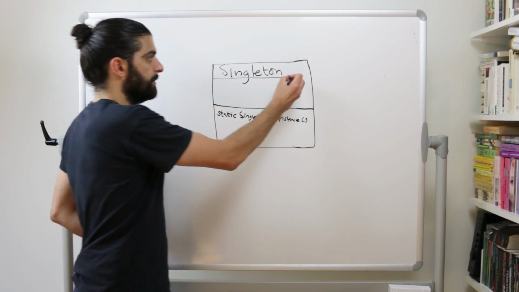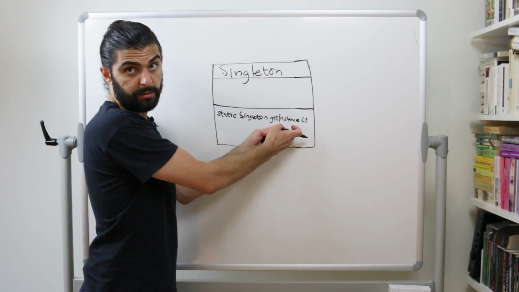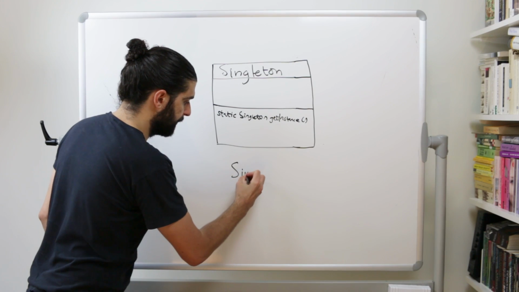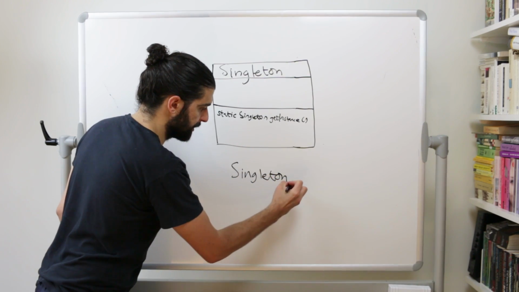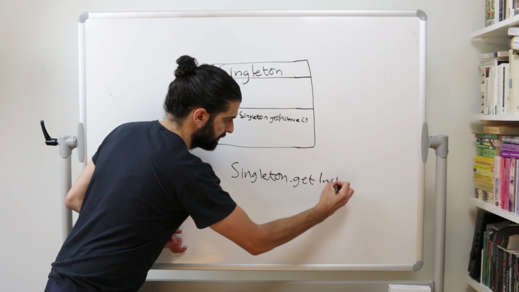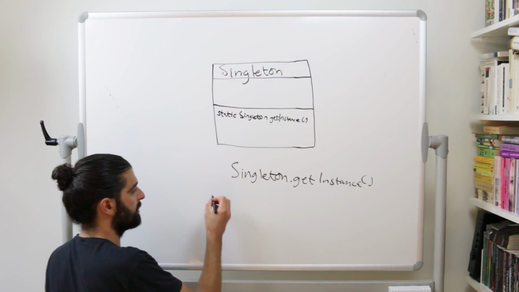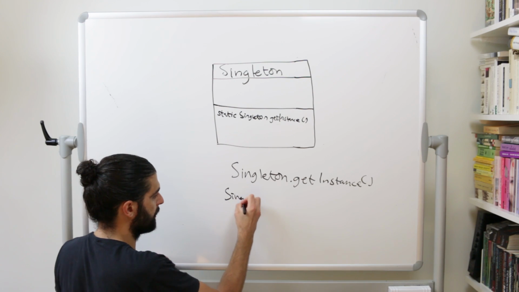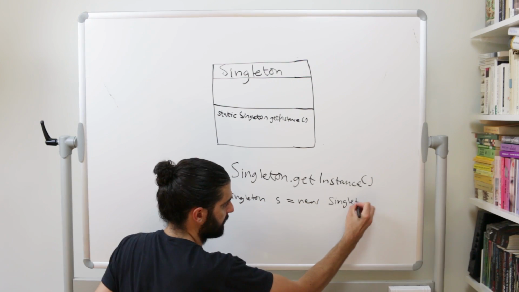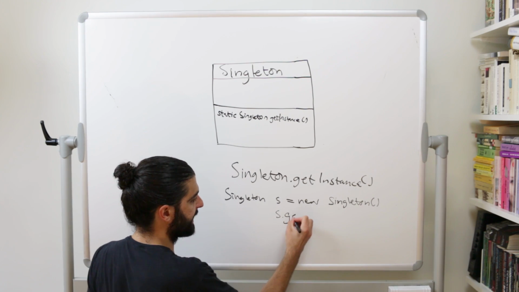So the singleton is a class that has a static method called getInstance. And when you call the static method getInstance, right? Remember that we're calling it on the class singleton. So we're saying Singleton capital S getInstance, right? That's the way we're calling it. It's a class method. We are not instantiating a singleton, Singleton s equals new Singleton, and then calling getInstance on that s.